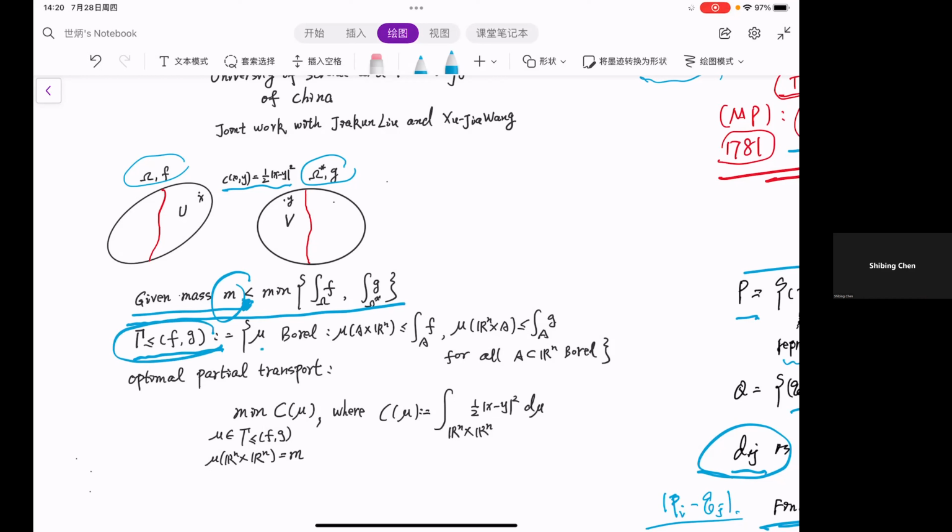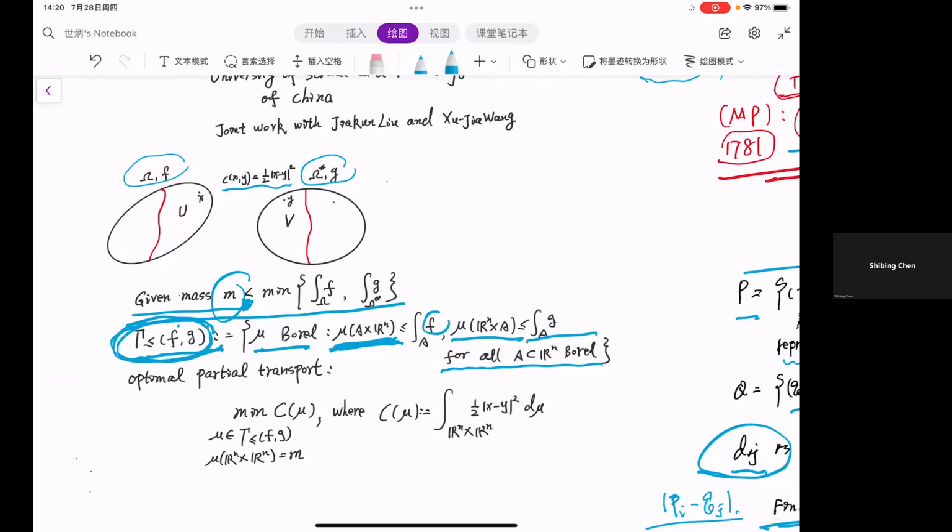It means mu is a Borel measure defined on Rn times Rn, and its left marginal, mu(A times Rn), which is the projection of mu to the left, satisfies: the left marginal is less than or equal to f, the right marginal is less than or equal to g, and this should hold for all Borel sets.